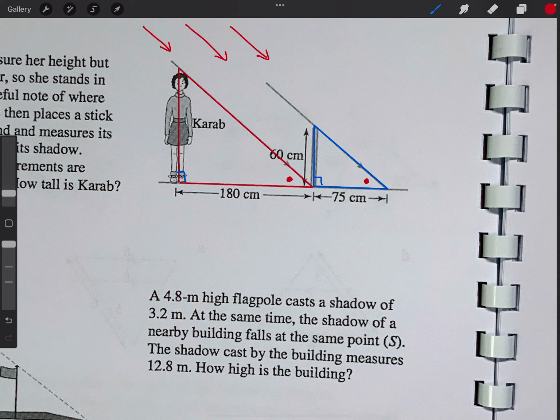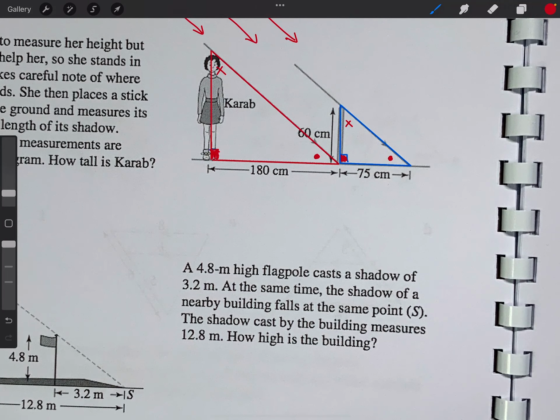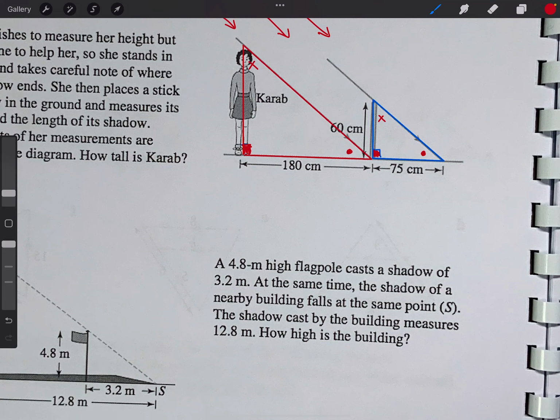And this is 90 degrees. This is also 90 degrees, and this dot, I'm just going to put an X here, so this will be an X as well. So we've got two similar triangles. Now let's use the similar triangles to figure out what Karab's height is.